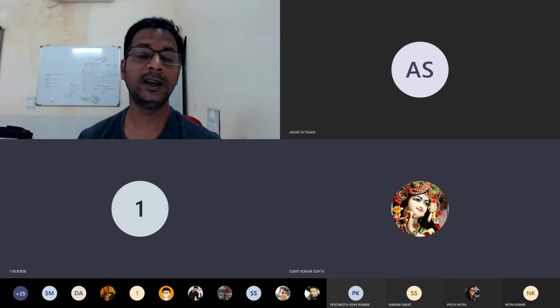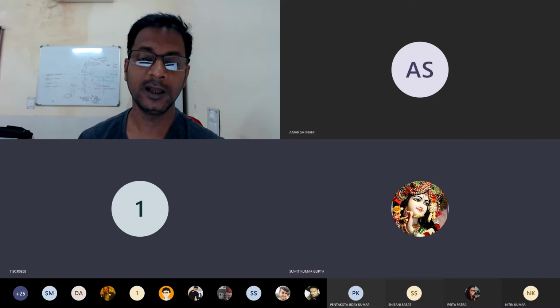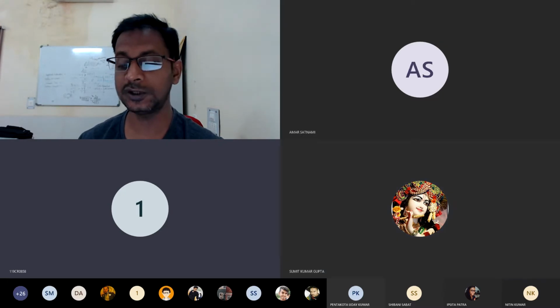Here it is P, here it is also P. So there is no difference in pressure. The only difference is the composition of the gases.